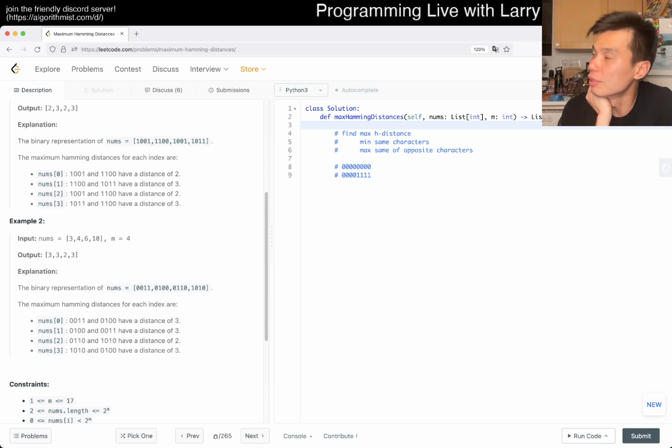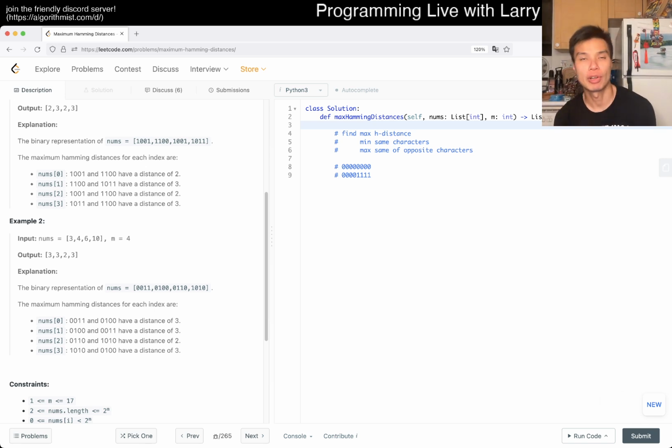Can you merge one at a time? Well, if you merge one bit at a time, how would that work?